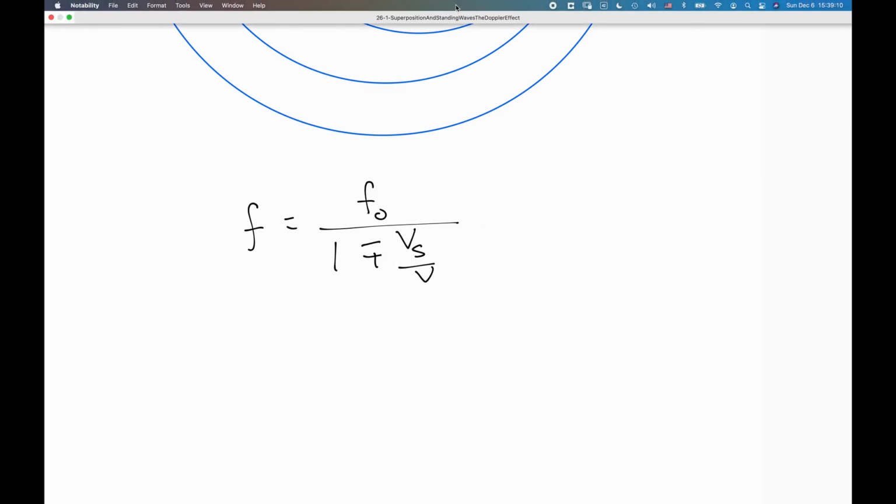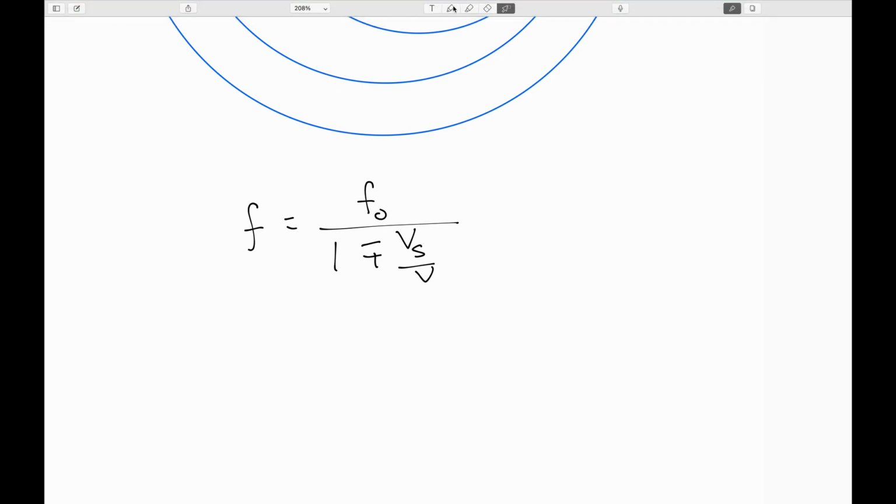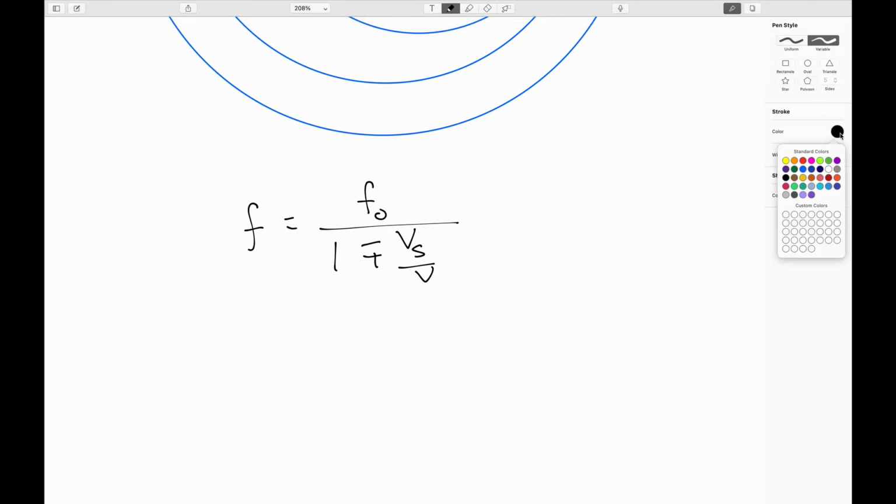And again, we will be picking the upper sign if you are approaching, and the lower sign if you are receding.